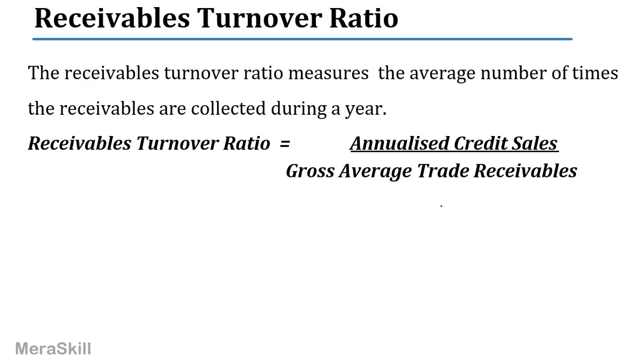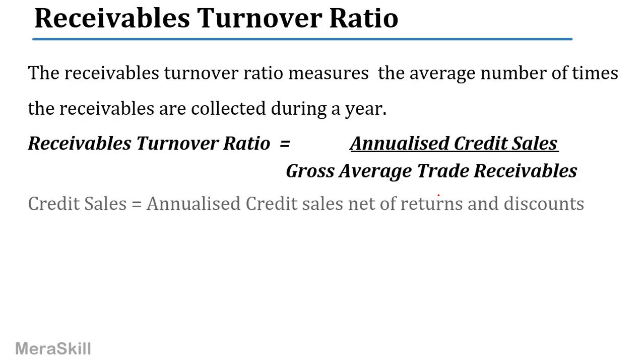We used the cost of goods sold by the inventories, but we take average inventories, not the closing, since that could be inventories for just one day. We're not sure. To find out the average inventories held during the year, we take a rough measure: opening plus closing inventories divided by 2.